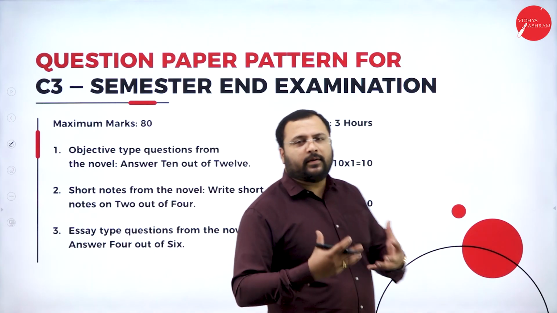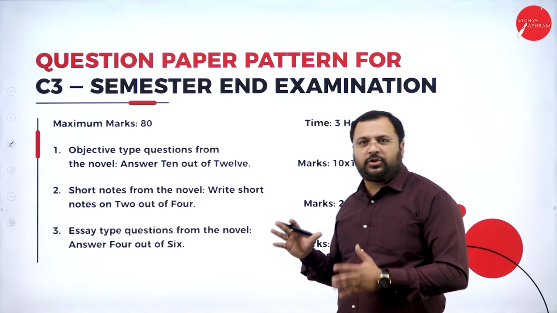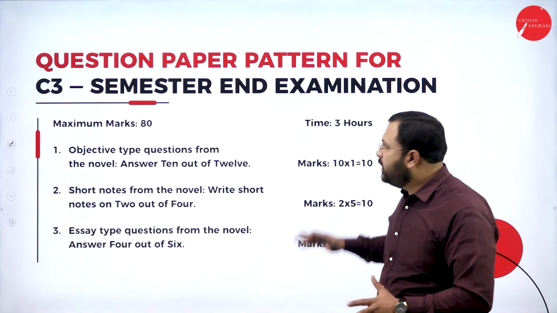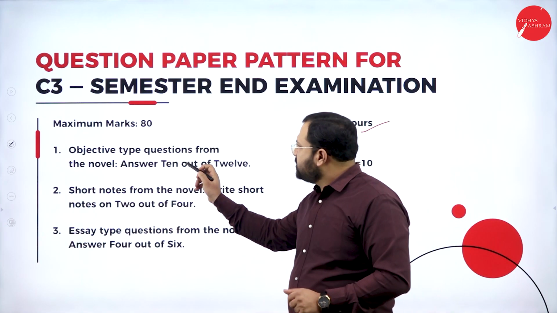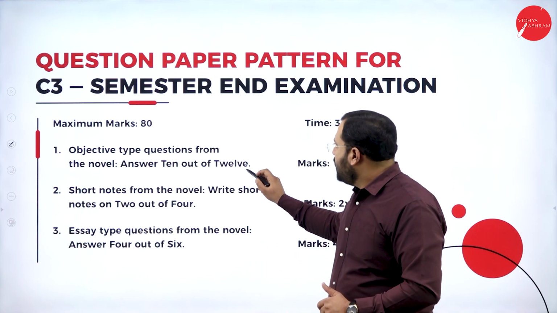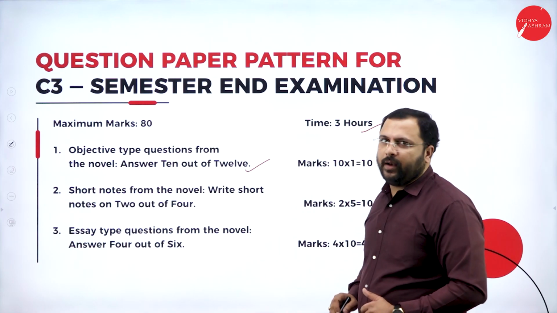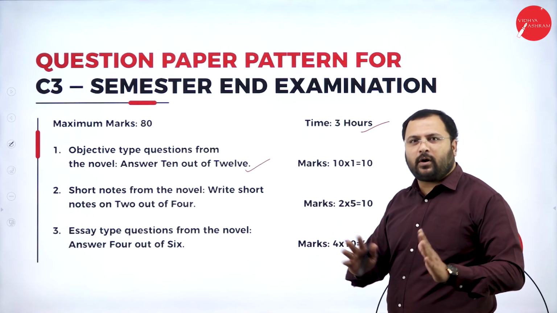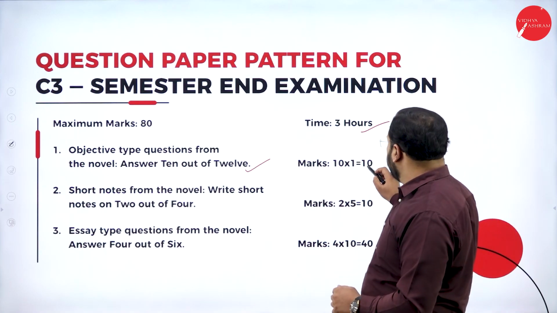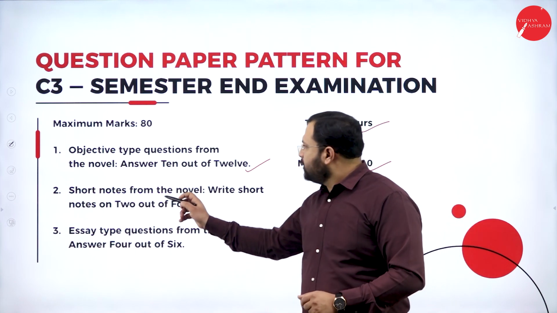Now let us understand how the question paper will be for C3, which you are going to write for 80 marks with 3 hours time. So there are objective type questions from the novel. Answer any 10 out of 12. You have to answer 10 right answers. If you know 12, answer all of them. So here you have 10 marks for them. Short notes from the novel.